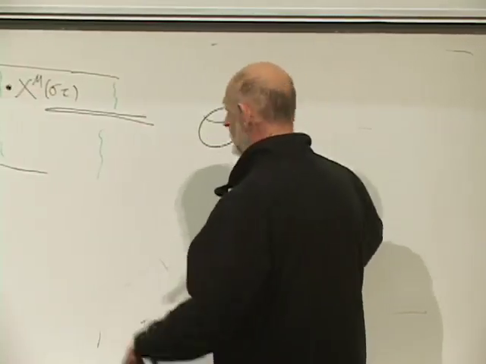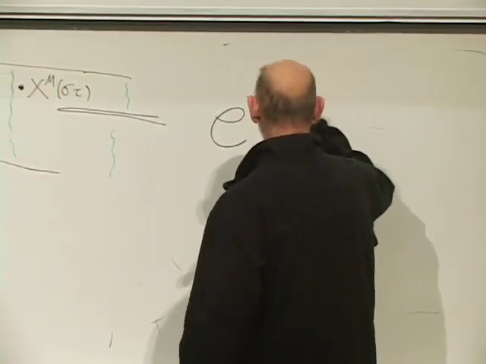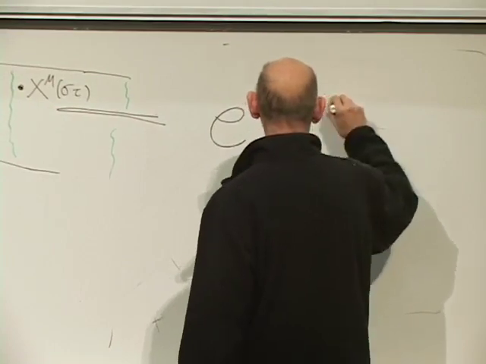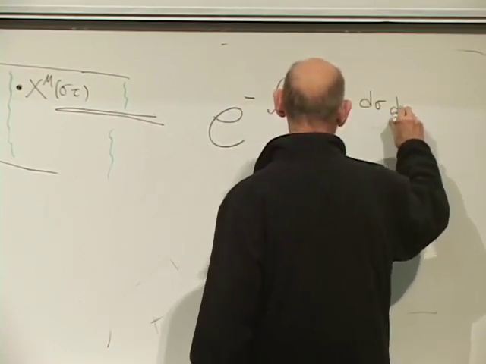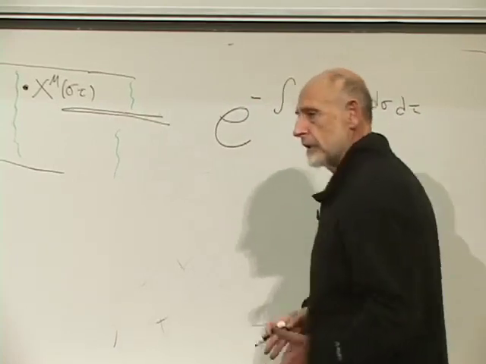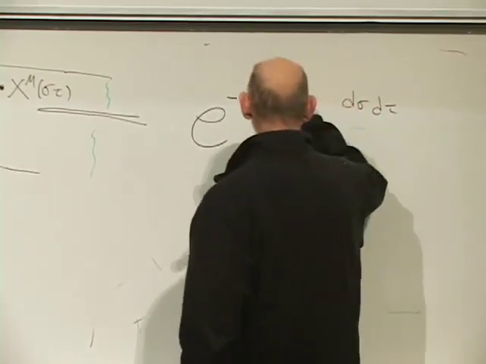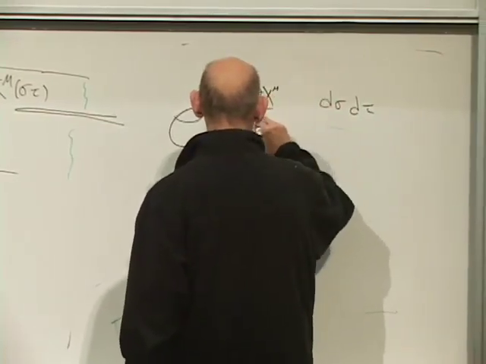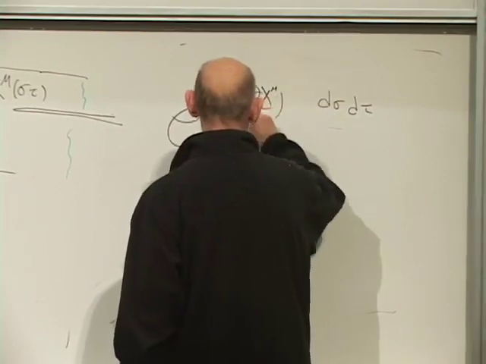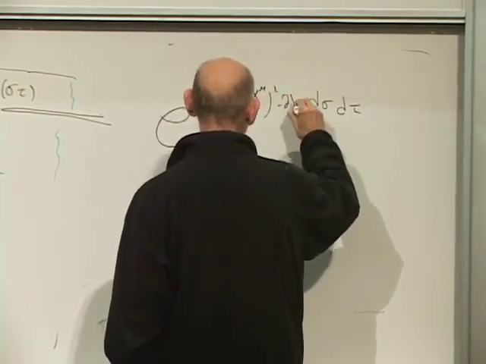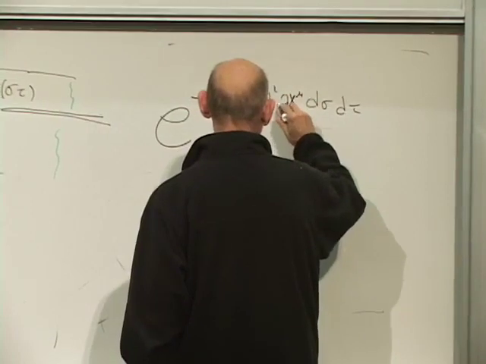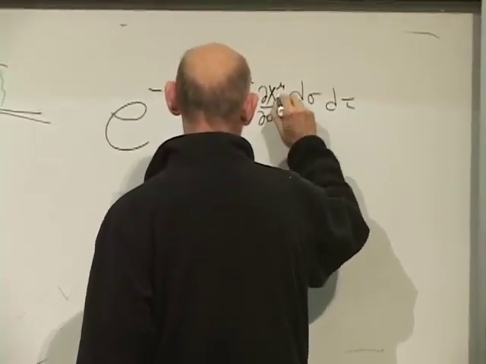We talked about it. I'm not going to do it over again. And there was an action. The action was the integral over d sigma and d tau of what? It was the derivative of x mu with respect to tau, squared, minus the derivative of x mu with respect to sigma, squared, plus the derivative of x mu with respect to sigma, squared.